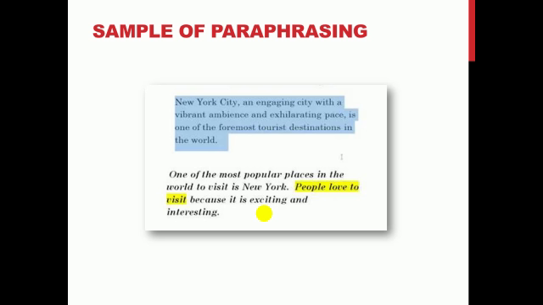Sometimes I can put certain points at the very beginning and delay certain points at the end of the paragraph. Whatever. Here we have a very simple sample of paraphrasing.